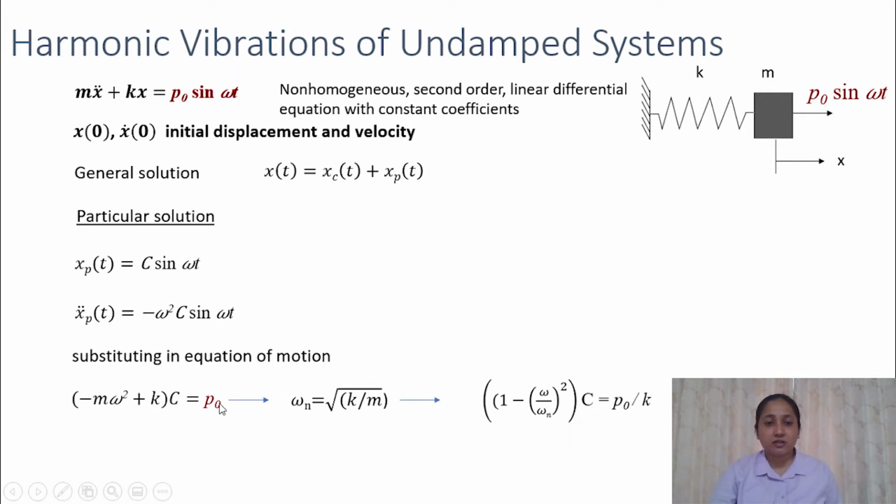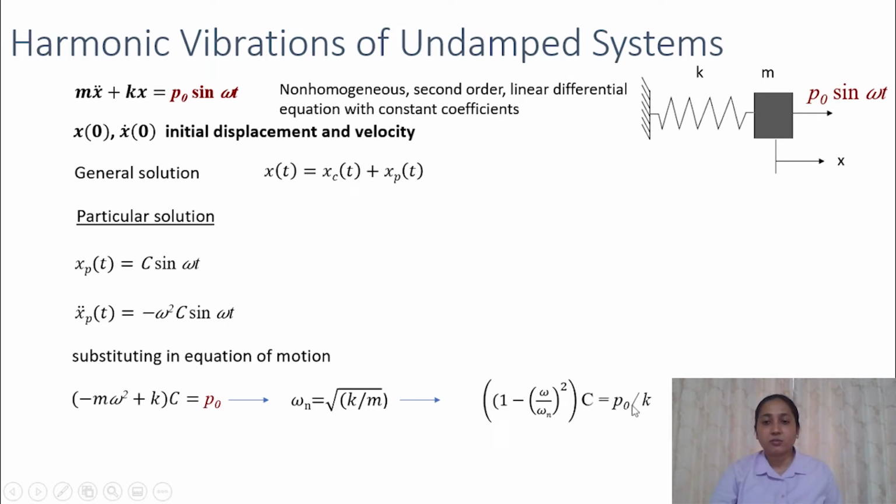So right hand side will become p naught by k. This term will become 1 and this will become omega square divided by omega n square. So this equation will take this form and we can easily calculate the value of C from this equation.